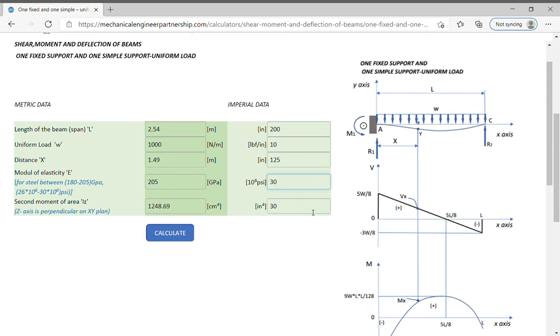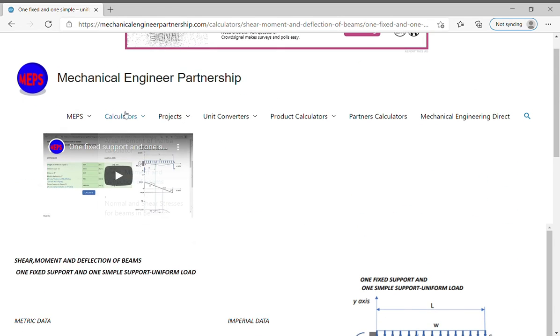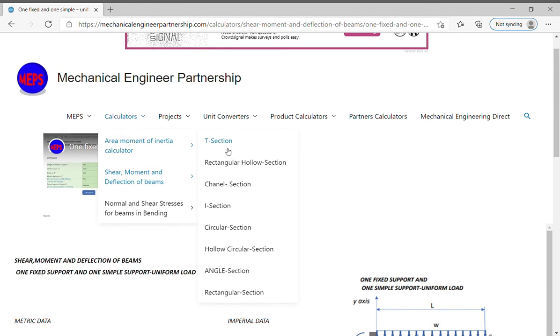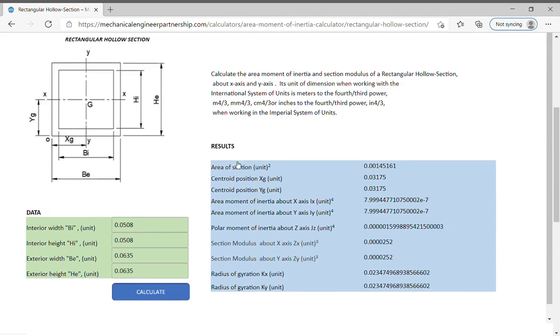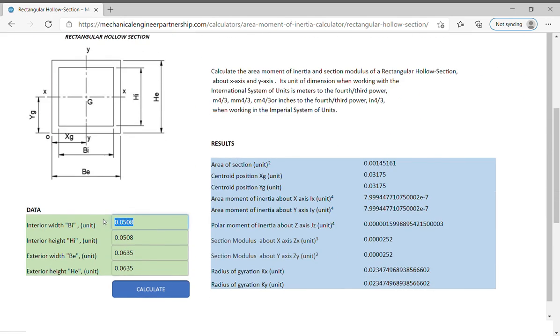In regard to the second moment of area, if you already have the value, write it in the corresponding cell, in inch to the fourth power. If not, choose calculators and then area moment of inertia, and choose your beam section. For example, a hollow rectangular section: choose the dimensions of the rectangular beam, interior width 4 inches, interior height 5 inches, exterior width 4.5 inches, exterior height 5.5 inches, calculate, and choose area moment of inertia about the x-axis.